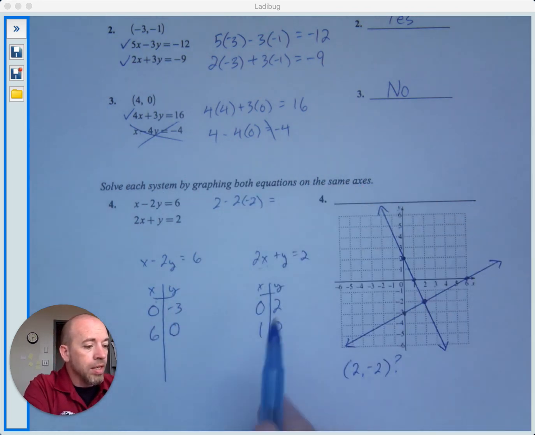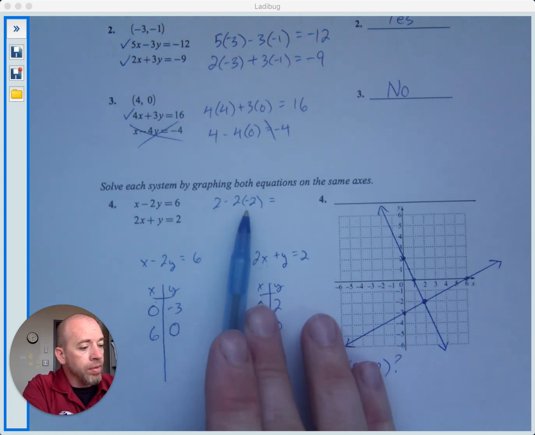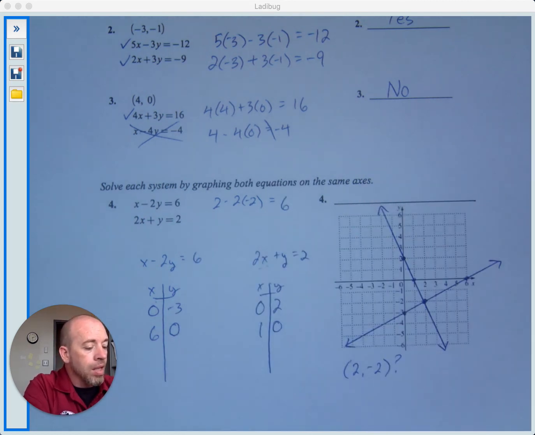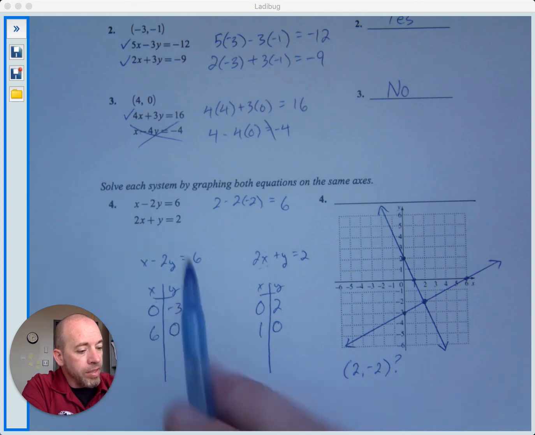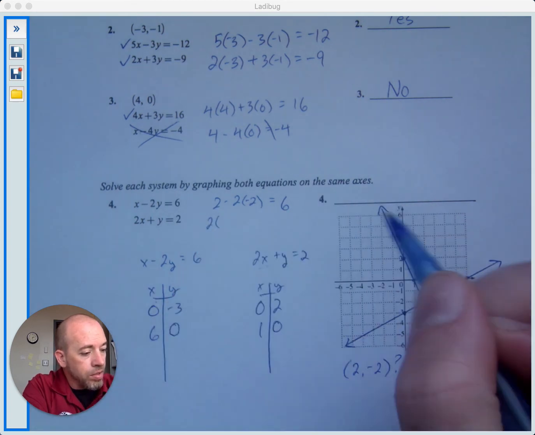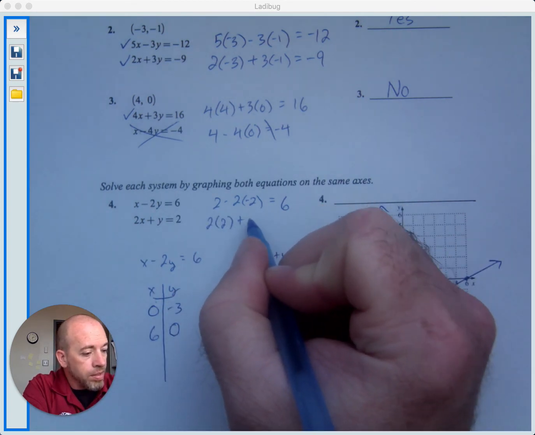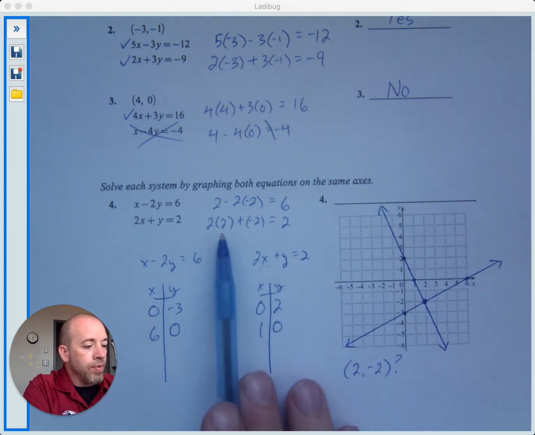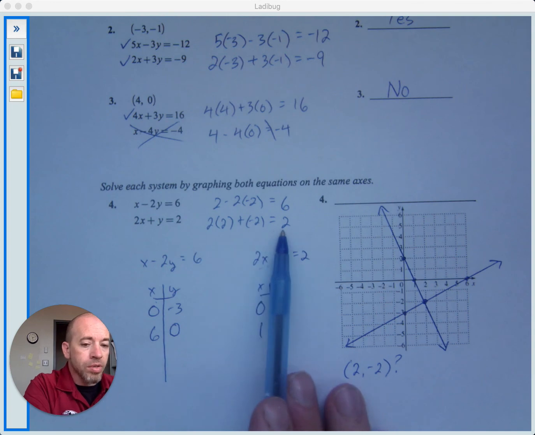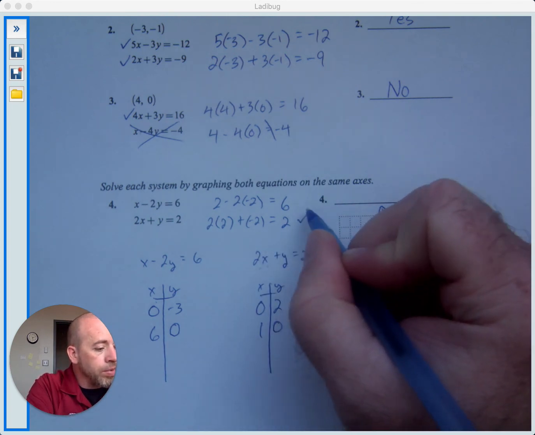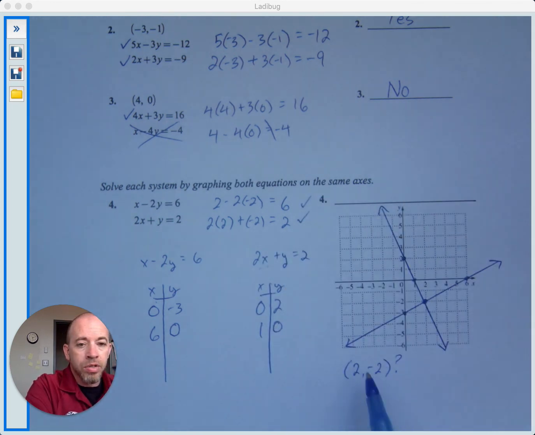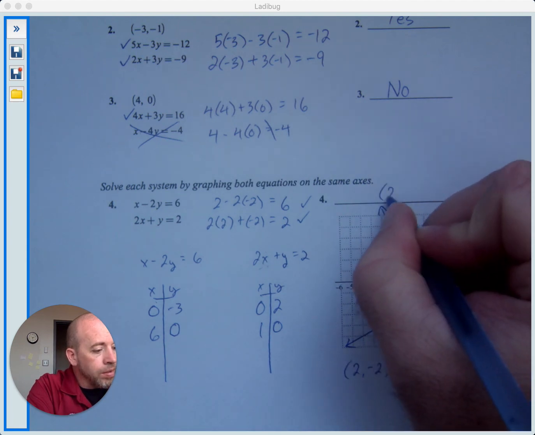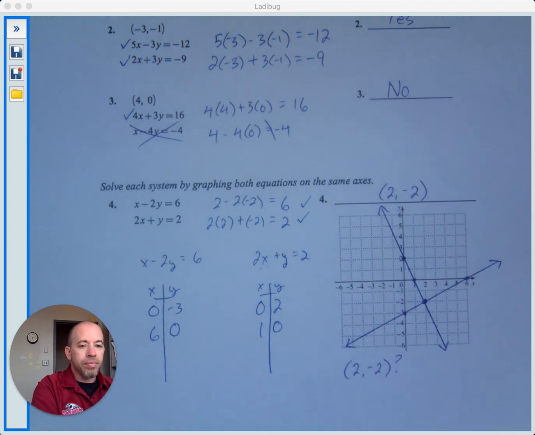Does that equal 6? So that's really 2 plus 4. Yep, that's 6, right? And then we try this one, 2 times 2 plus negative 2. Does that equal 2? So that's 4 plus negative 2, which is 2. So it does work in both. It checks out in both of them. So this would be our solution to the system. 2, negative 2. All right.